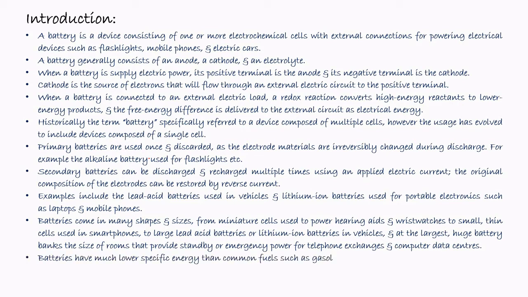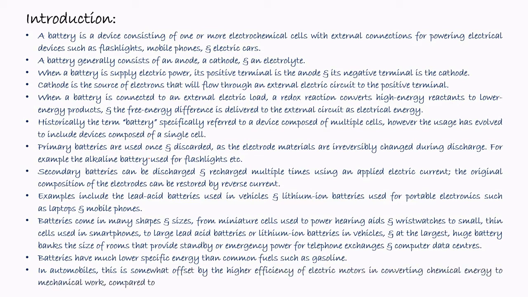Batteries have much lower specific energy than common fuels such as gasoline. In automobiles, this is somewhat offset by the higher efficiency of electric motors in converting chemical energy to mechanical work compared to the combustion engine.